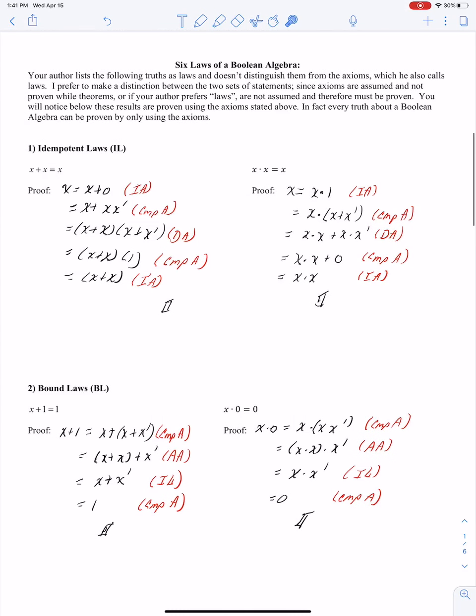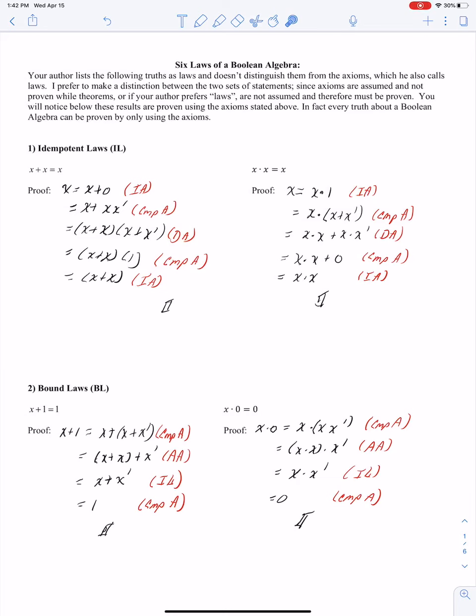So let's go to our first set of laws, which are called the idempotent laws, which I'm going to abbreviate IL if ever I need to use them again. Remember I said Boolean algebras aren't exactly like college algebra kinds of things, so these results, in fact, you won't find true in algebra, but they're true in a Boolean algebra.